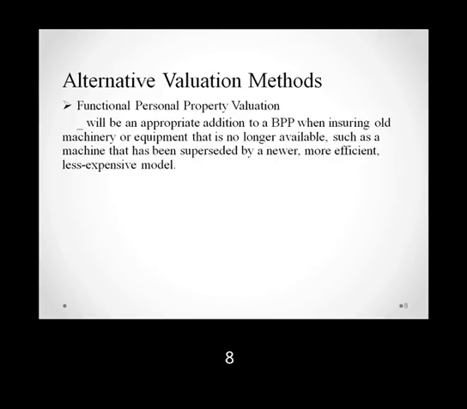Besides the building, there are certain personal properties that are also prone to a similar problem. For example, some old machinery or equipment that is no longer available, such as a machine that has been superseded by a newer or more efficient, less expensive model, the functional personal property valuation will work.